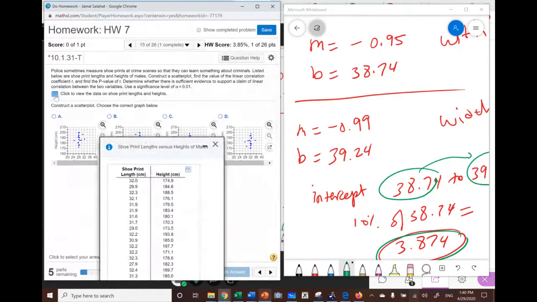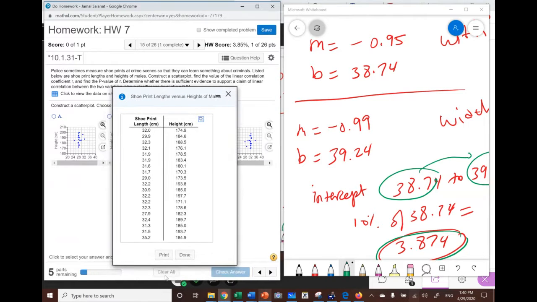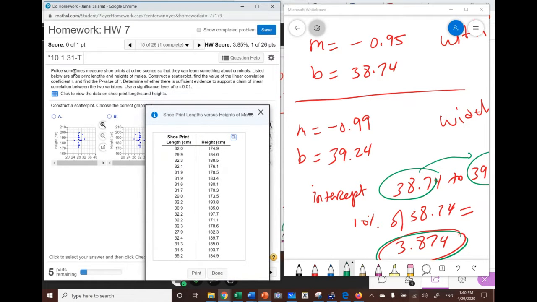They gave us a list of shoe prints and the heights of criminals already that we know of. Every time they arrest a criminal or something, probably, I'm not sure, but they measure the shoe print in there and the height of the accused, let me call them instead of criminal.